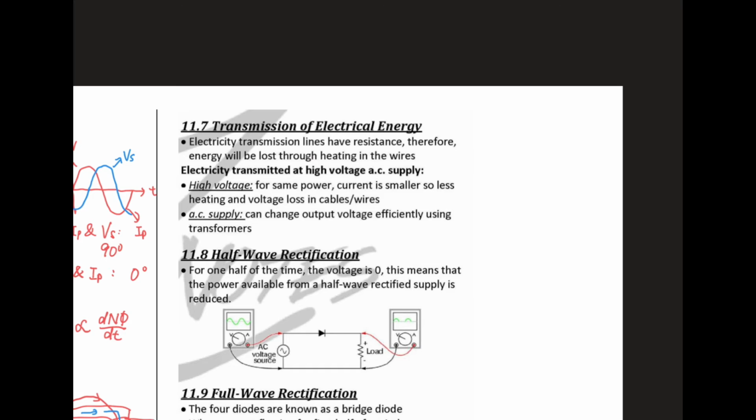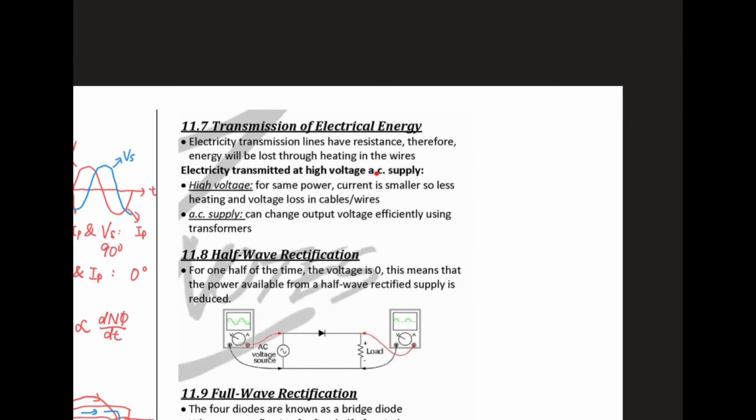So what to do is, electricity is transmitted at high voltage, alternating current supply. We want to avoid or minimize energy loss, so we can use a step-up transformer. A step-up transformer will increase the voltage.